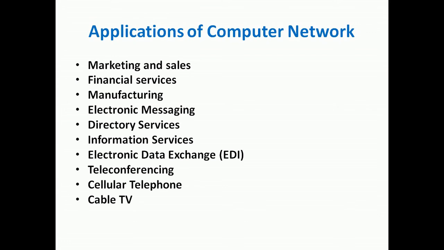In teleconferencing, in cellular telephone, in cable TV networks. There are many more fields. In research fields also computer network can be used. So after this we can say that computer network is used everywhere in our daily life, in the field of engineering, in the field of geography, in every field of our life.